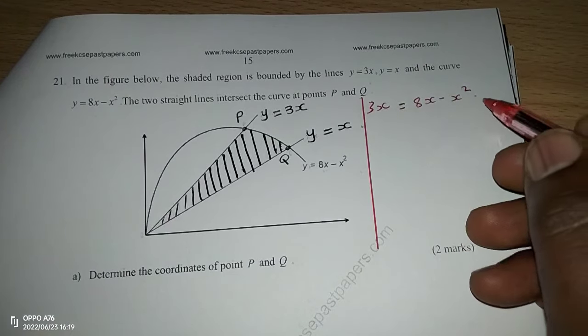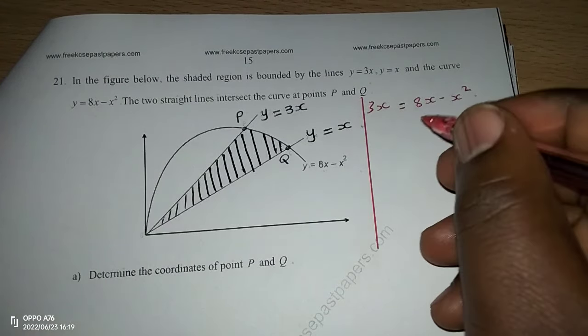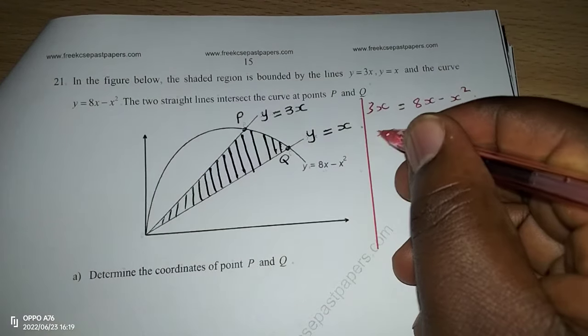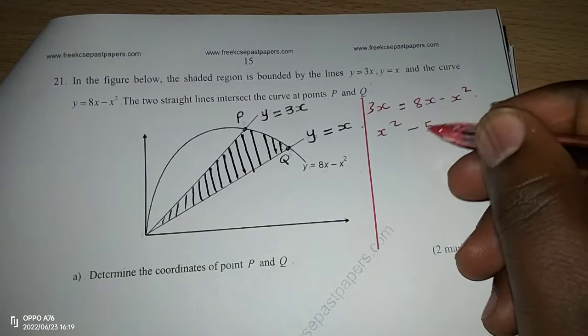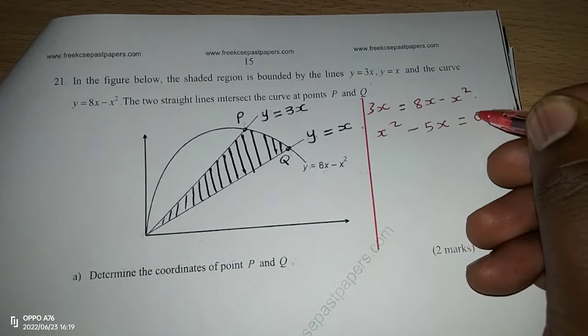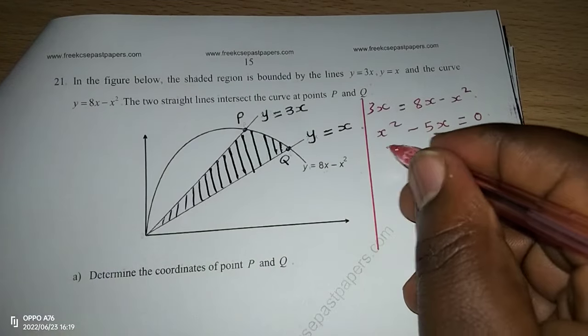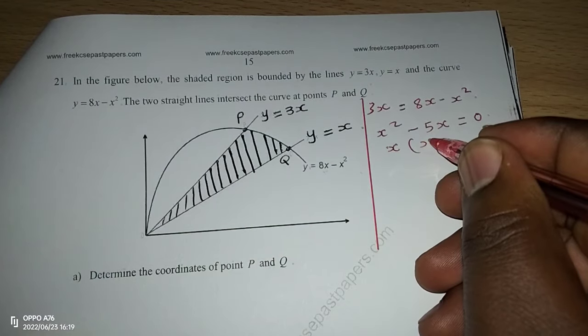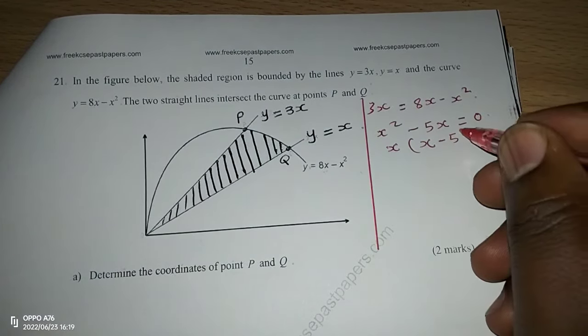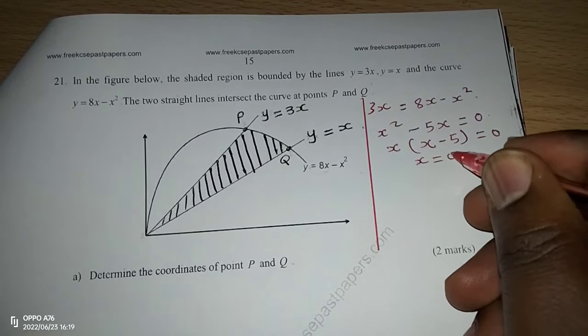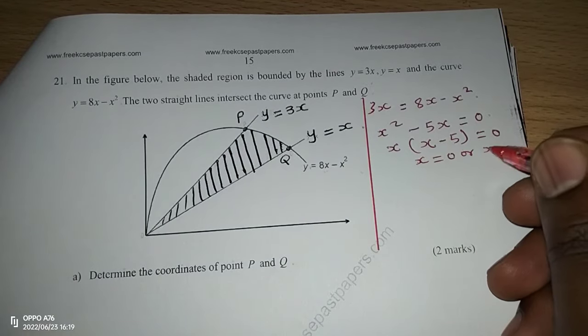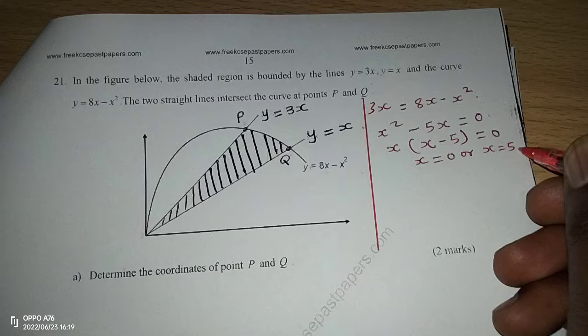In this case now, we can bring them together such that we have x squared minus 5x equals 0. So we can factor out x to remain with x times x minus 5 equals 0. Then at this point we can say x is either 0 or x is equal to positive 5.